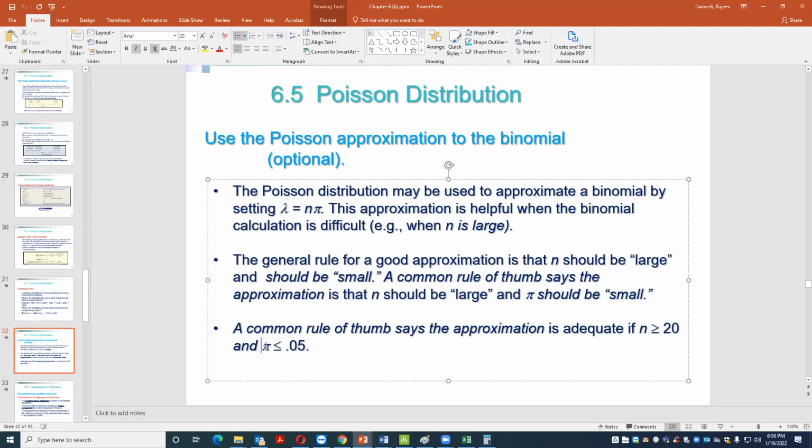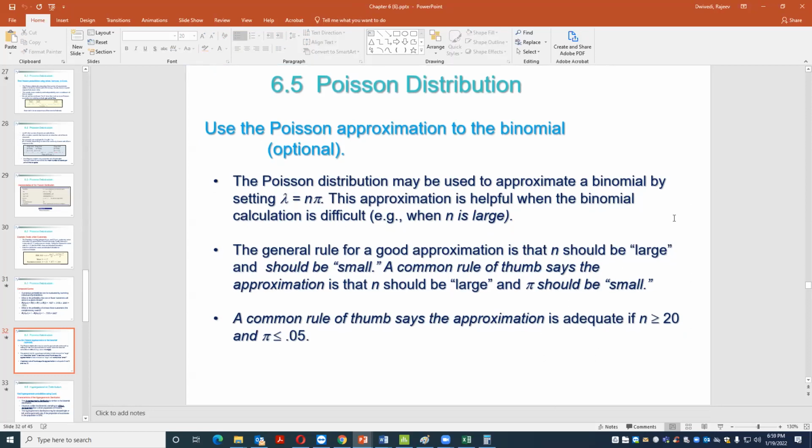If pi is less than or equal to 5%, and n is more than 20, then you calculate the lambda and use the Poisson instead of the binomial distribution. So this is the rule of thumb.